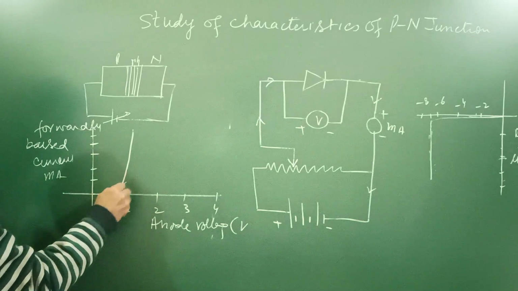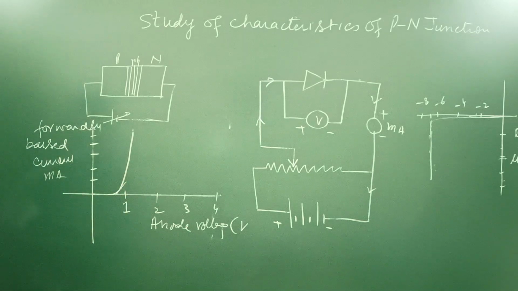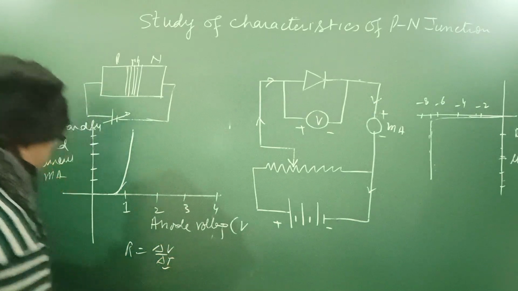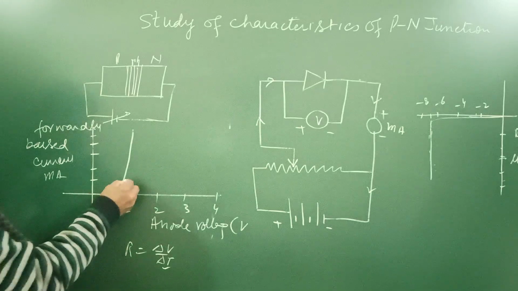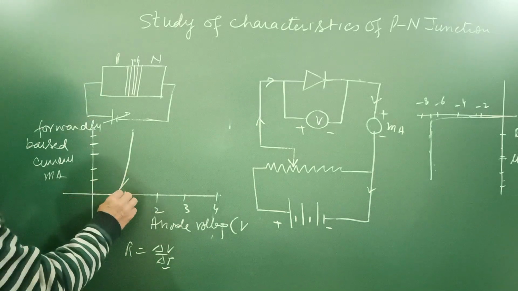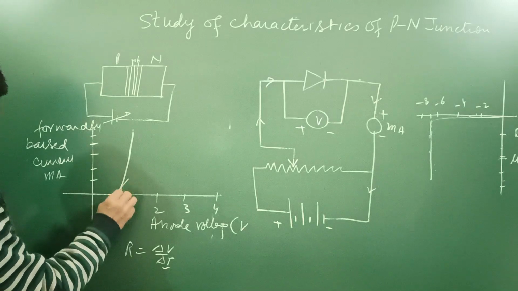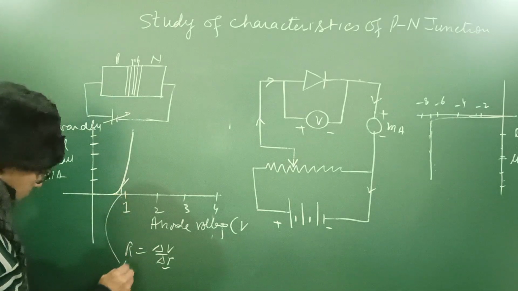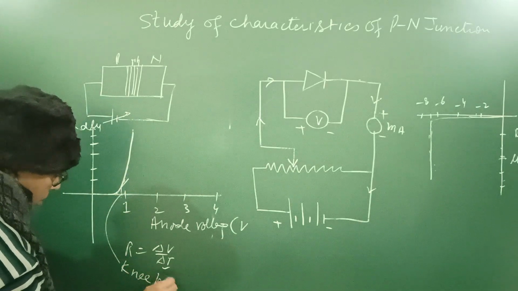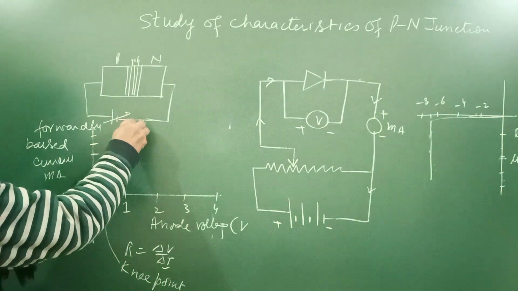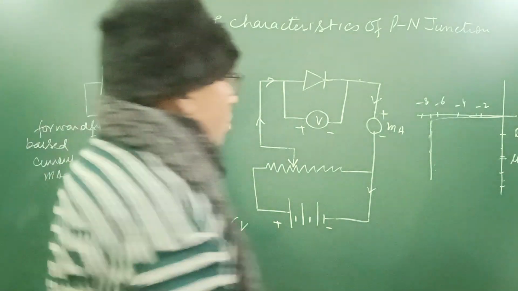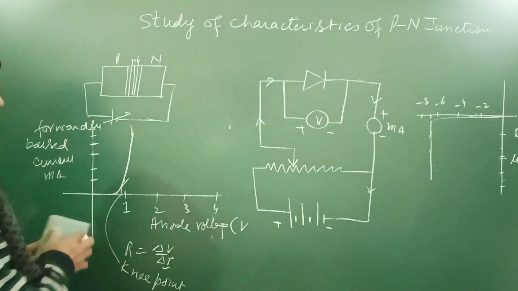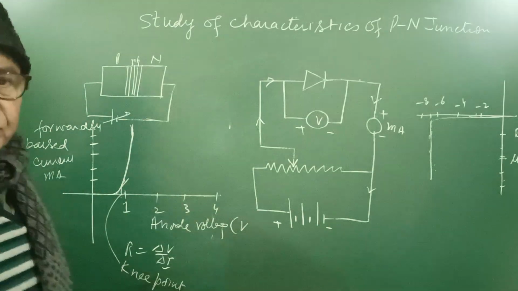Here the slope of this graph gives the dynamic resistance, R equal to delta V upon delta I. So the reciprocal of the slope is equal to resistance. Above the knee point, this point is the knee point, the diode offers almost no resistance and acts as an ideal conductor.